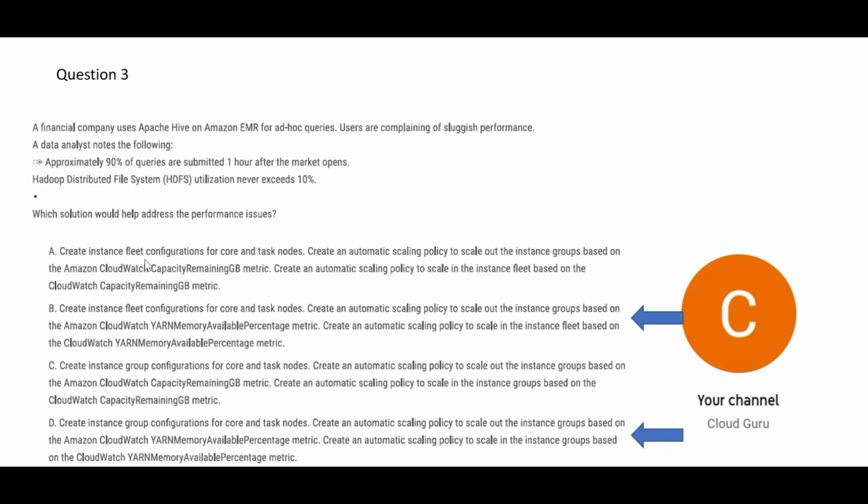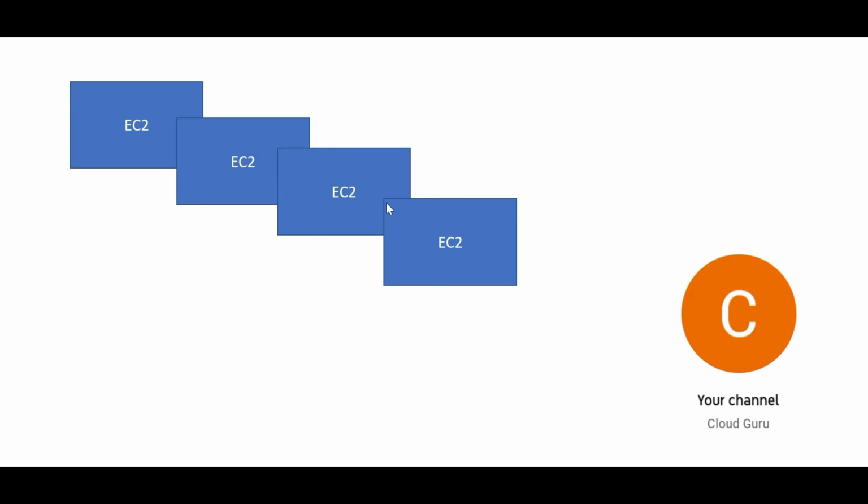So if you put instance fleet configurations, that means you are deciding the fleet beforehand. For example, in this case, you are taking a call that you are building a fleet with 4 EC2 instances or EMR clusters, whatever they may be. You are deciding it beforehand. So this is the range.